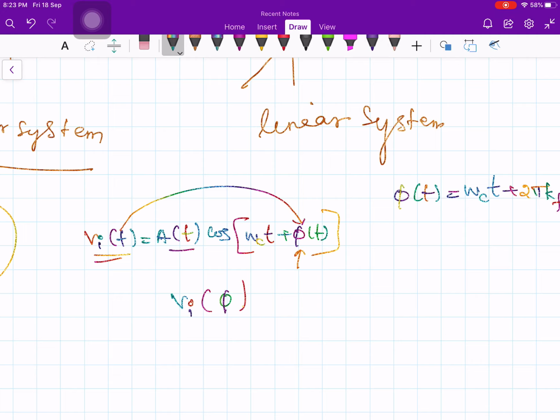For the time being, I will tell you why we are considering this kind of statement. Let us assume that Vi, even though it is a function of time, is for the time being a function of phi.